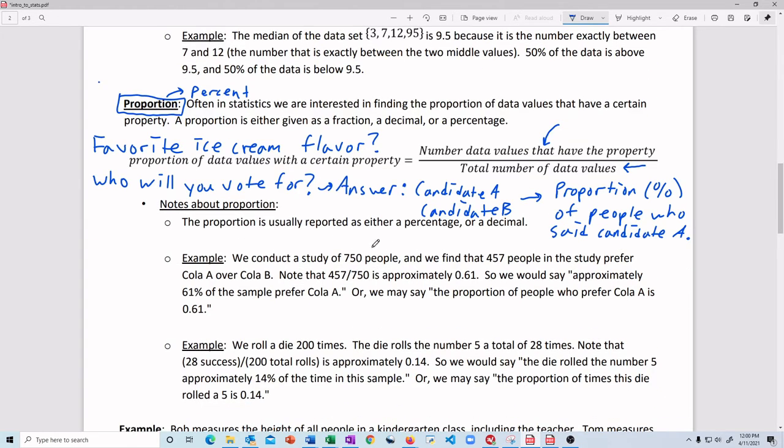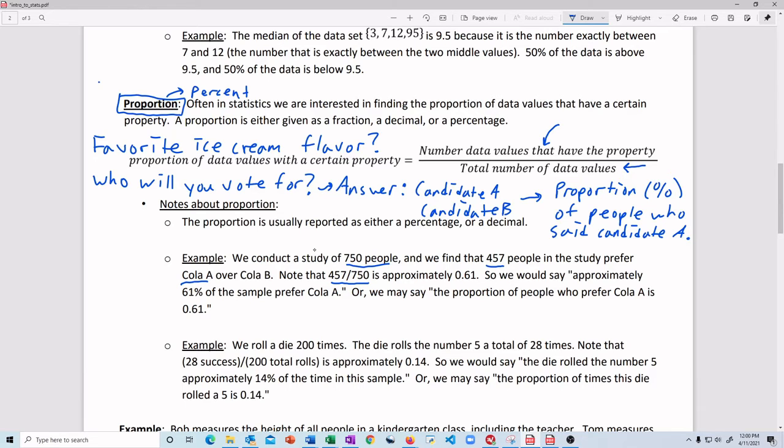We talked to 750 people and 457 of them prefer Cola A over Cola B. So in your head you could think Coke and Pepsi, whatever you want. How do we get a statistic out of that? We take the 457 people who said Cola A and divide by the total number, 457 over 750, which, when you plug that in a calculator, gives you 0.61.